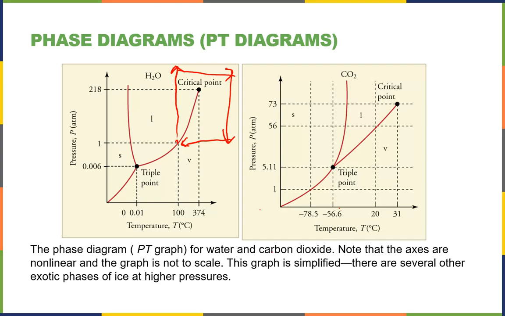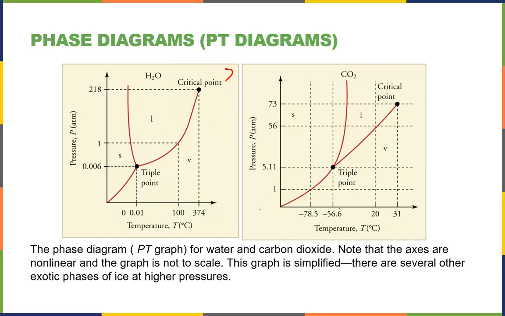But never do you have a splash point. Never do you go from gas to liquid. It just got thicker. So that's the critical point. The critical point is the highest temperature and pressure where you can distinguish between the liquid phase and the vapor phase. So it's a specific temperature and pressure for that critical point.